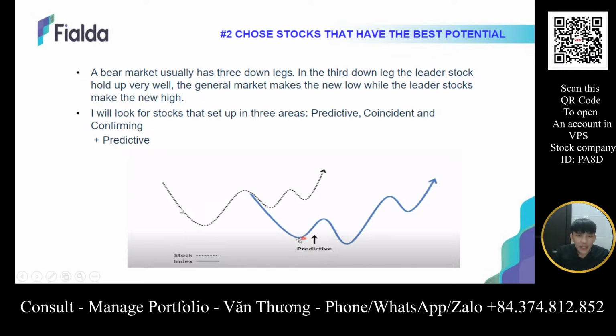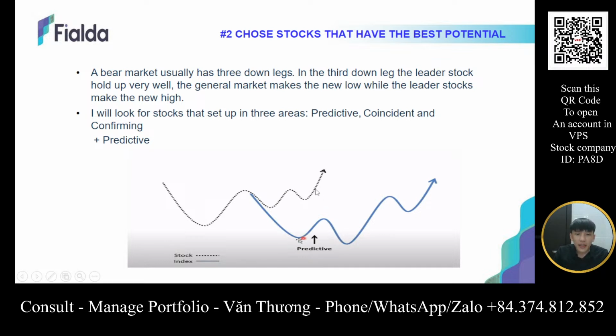You can see the leader stock set up here, and when the general market just rallies, we don't know yet if it's the bottom. At that time the leader stock breaks out of the base and moves up, while the general market keeps going down in this area.